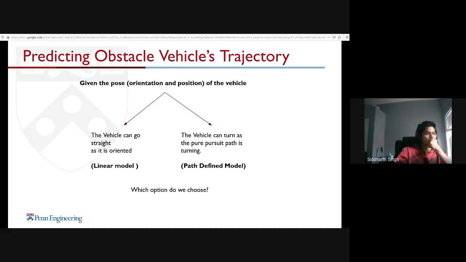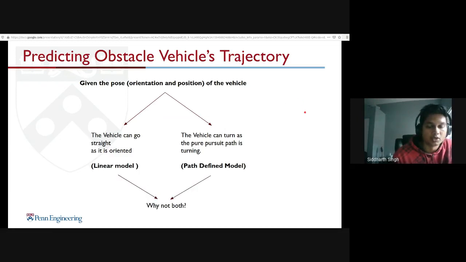Okay. So I guess I'm gonna go ahead and talk. Right. So like Matt said, what would be a good generalizable pure pursuit model, right? So instead of choosing one, how about that we generalize pure pursuit and we choose both?